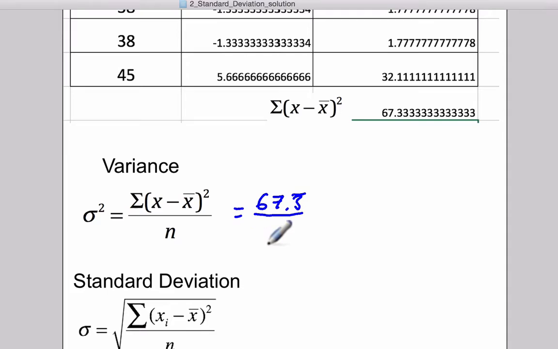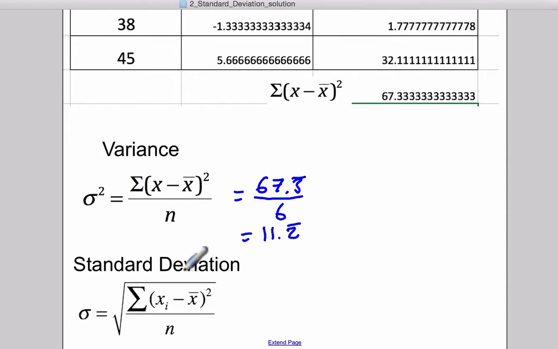So in this case, we're making the assumption that if we're considering the day as the population, so we're just looking at this particular day, then we can use n. And so this is equal to 6. And so when we calculate our variance, this is 11.2 repeating.